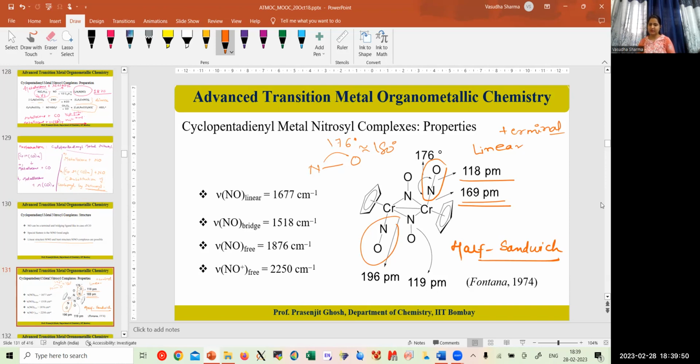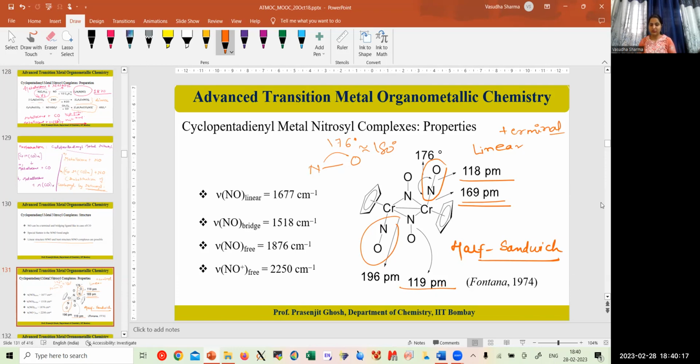Similarly, if we have this kind of picture where now both the NOs are in linear fashion, they would be having similar properties. When we are having a bridging NO, now see the NO bond length is 119, which is more than that of the linear, terminal one. And also the chromium nitrogen distance has been increased from 169 to 196.